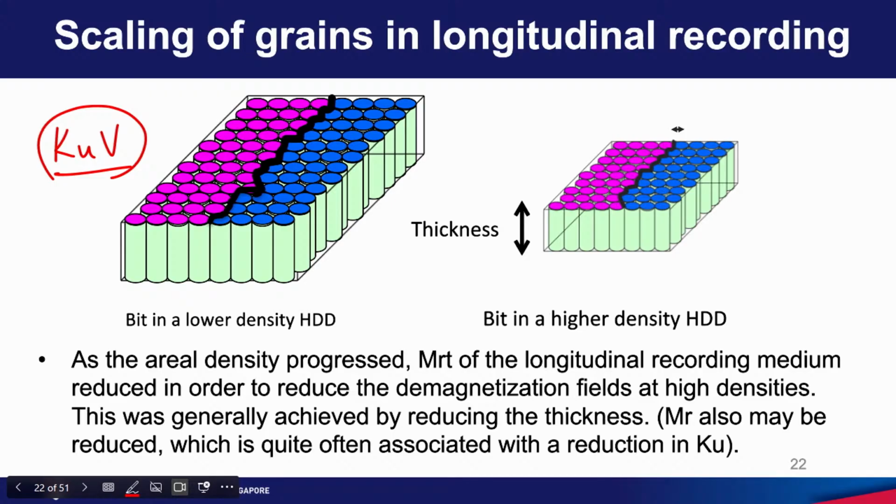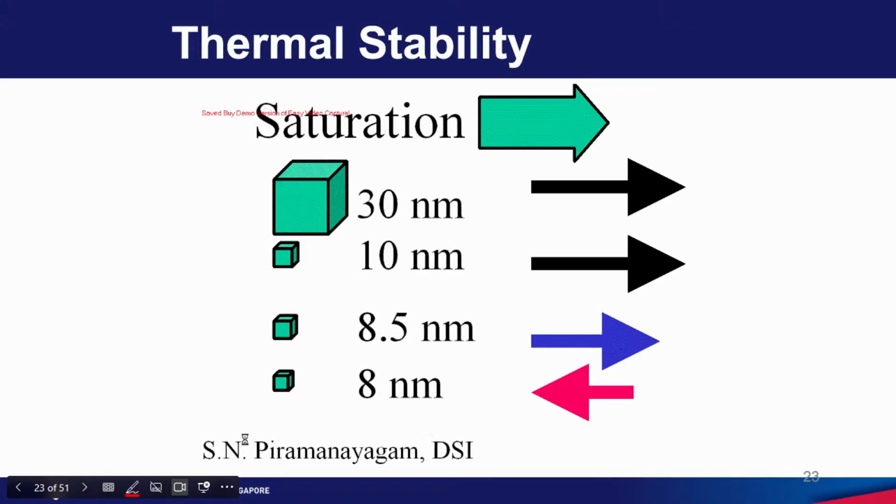If you keep KU the same, for example, by using the same material, then the volume has gone down, which means KUV has reduced a lot as we progress in this direction. So, that results in a problem called thermal stability of magnetization.